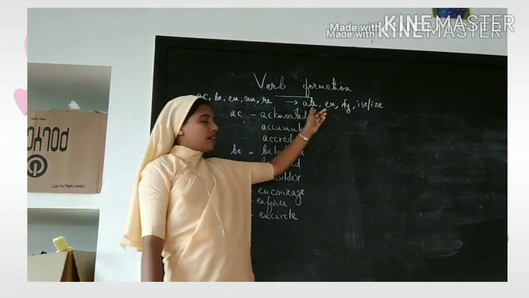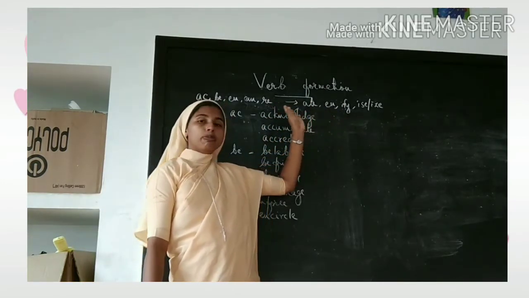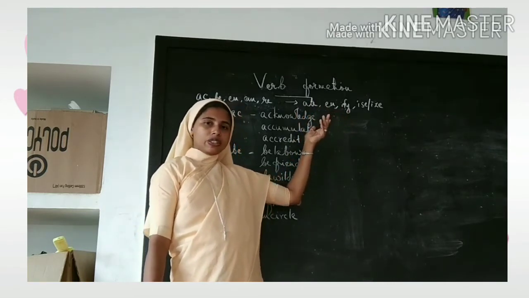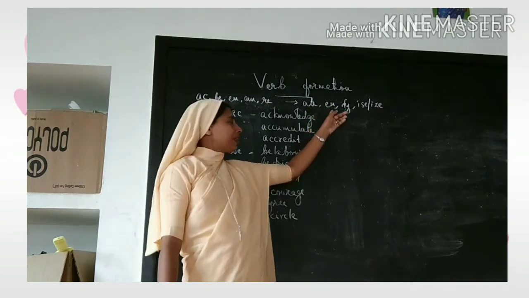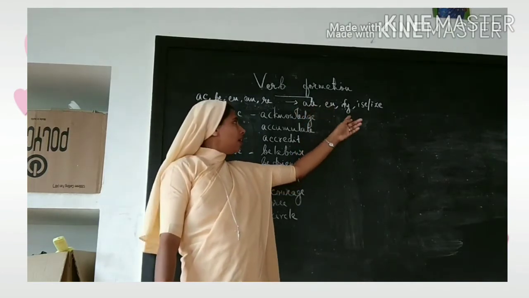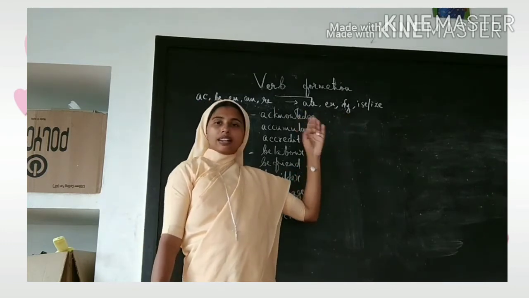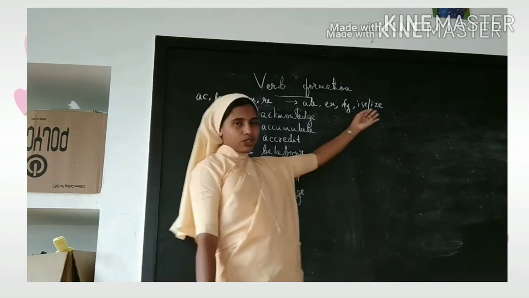And after the root word, if we use them in order to make verbs, those are called suffixes, you know it. And they are ate, en, ify, and lastly ise or ize. Why both?